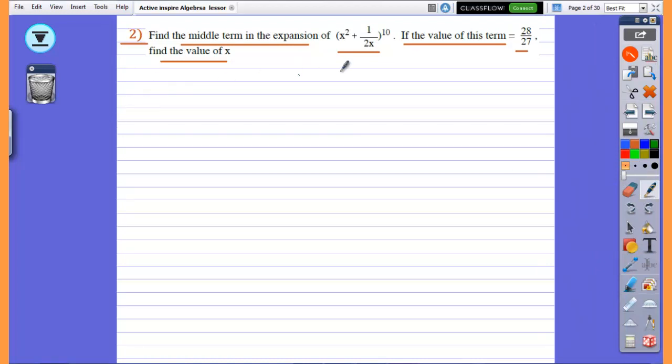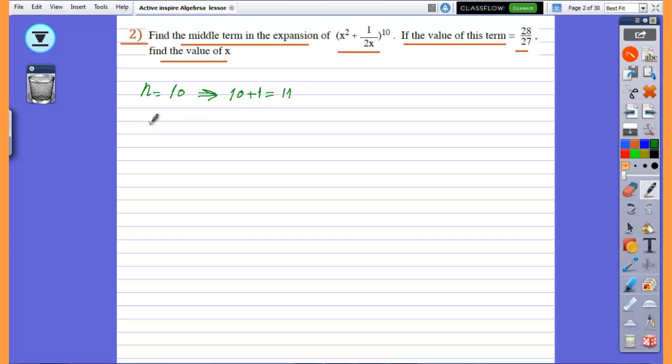Here the power is even and the n equals 10. So the number of terms of this expansion equals 10 plus 1, which equals 11. So we have only one middle term.